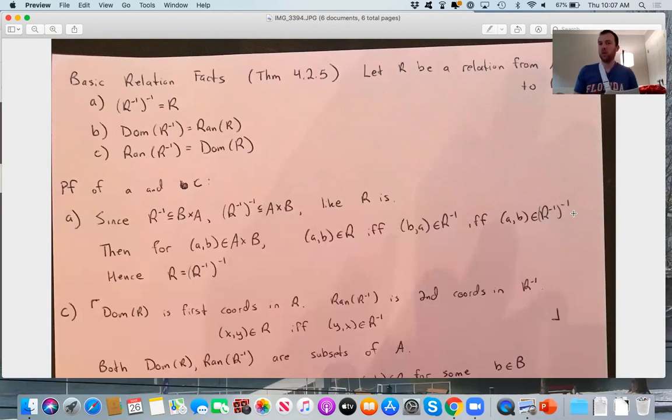And what would be there, if you were able to notice it, is that if you wanted to show just half of this, that R is a subset of R inverse inverse, which is half of the process of showing that two things are equal, what you would get would be this left to right direction. You would say start with something in R, flip it to get to R inverse, flip it again to R inverse inverse. This left to right direction shows that R is a subset of R inverse inverse.